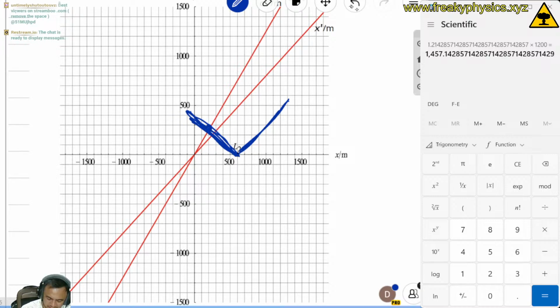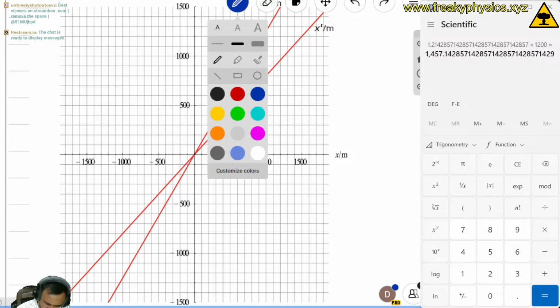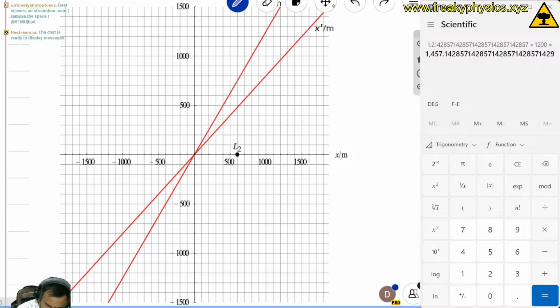I think we're getting too complicated here. Hold on. Draw a dot to indicate L1, determine V, and use T using a Lorentz transformation. I think it was correct because on the mark scheme it was at minus 600 and then they drew a parallel line.